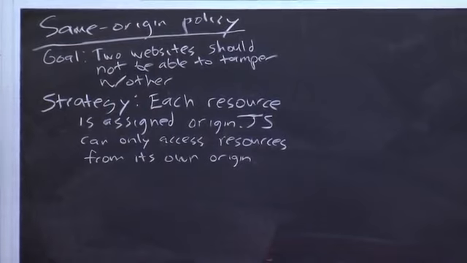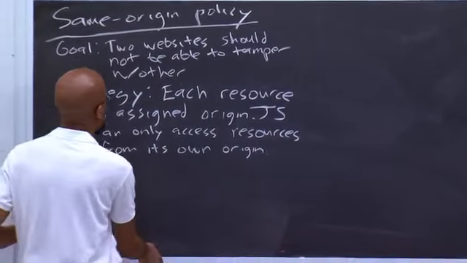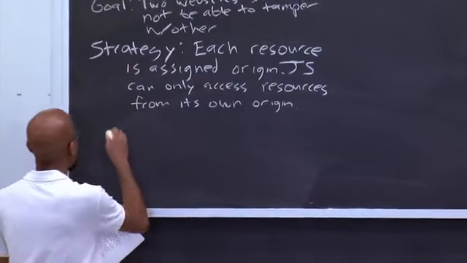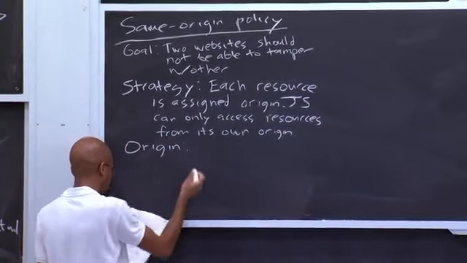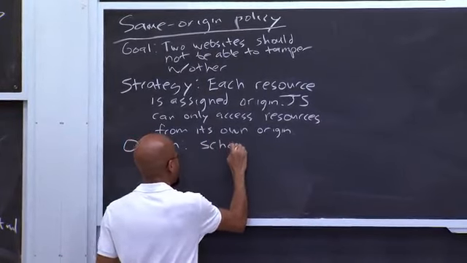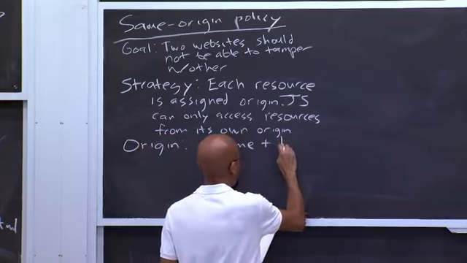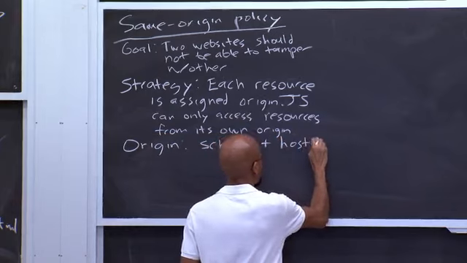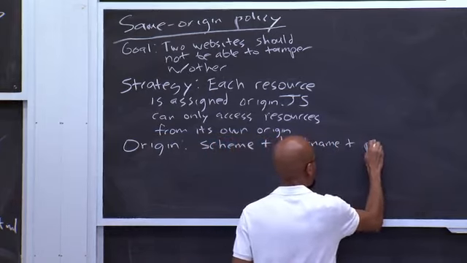And there's just a ton of exceptions, which we're going to look into in a second. But first of all, before we proceed, let's define what an origin is. So an origin is basically network protocol scheme plus host name plus port.